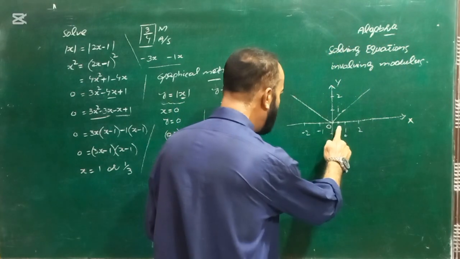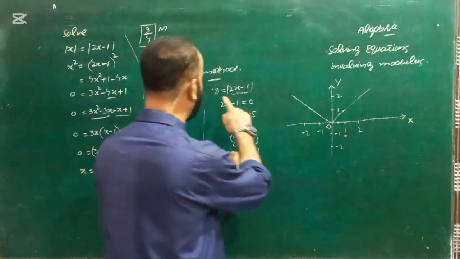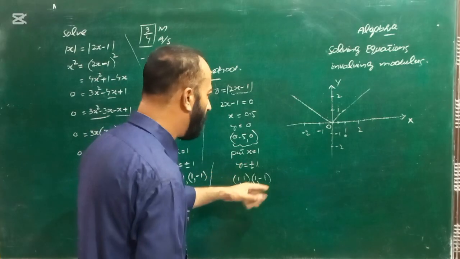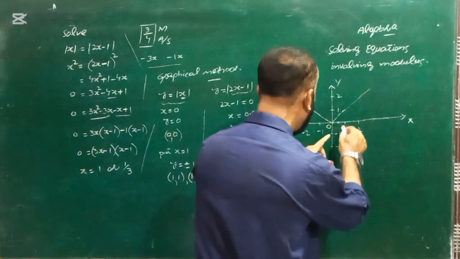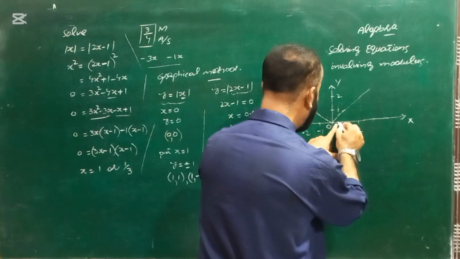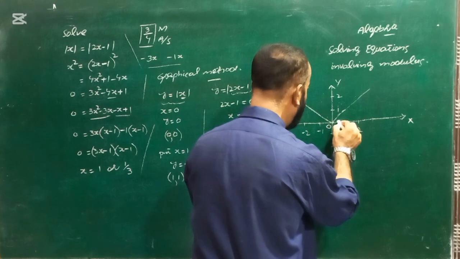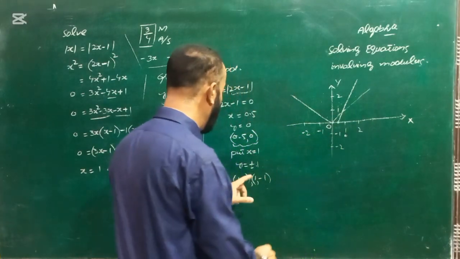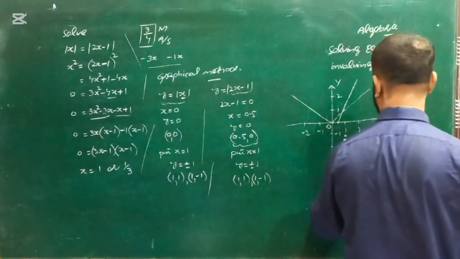So here is the point 0.5 and 0. That will be the vertex of this graph. And now we will plot. Okay, these 2 points are already plotted. So look now. Here is 1, 1. So first you will join this 0.5 and 0 with 1, 1, and you will draw a line. And now be careful. The second point is 1, minus 1. So here is 1, minus 1.